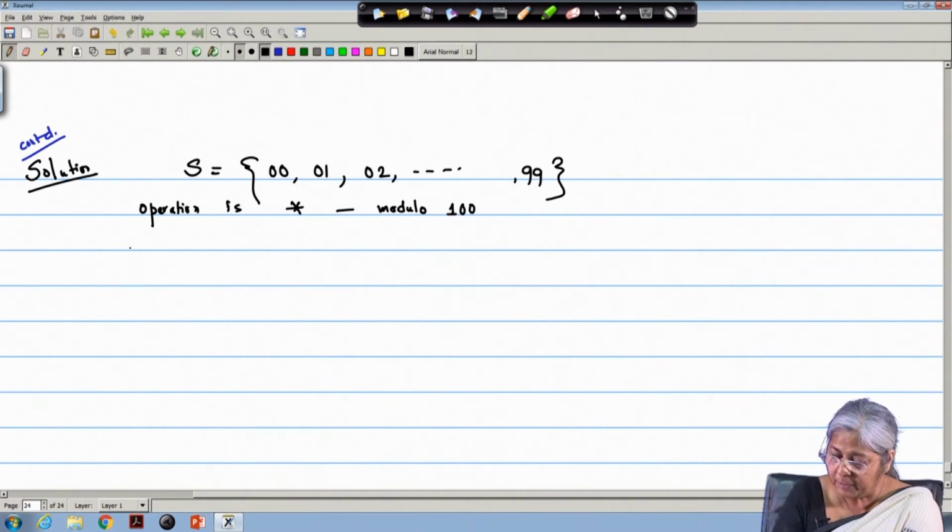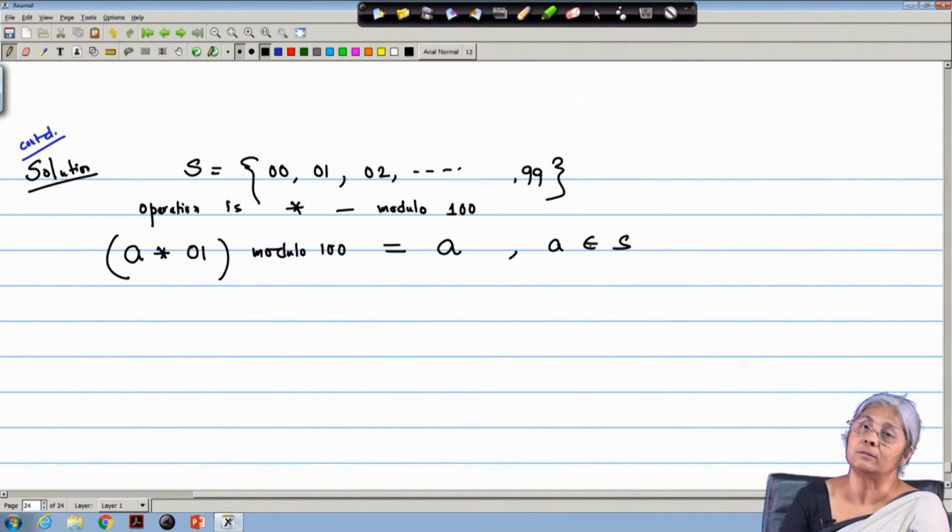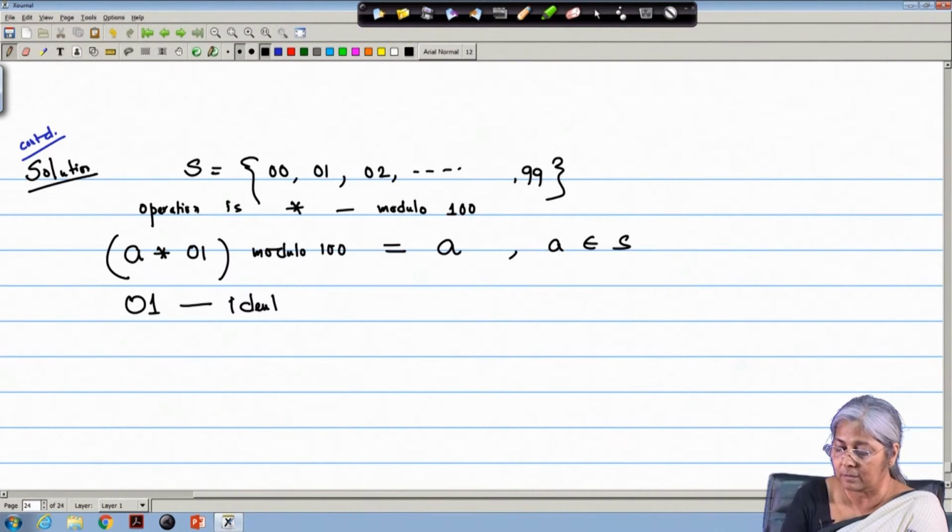If I take a 2-digit number, multiply with 01 and divide by 100, take the remainder, that means modulo 100, we get A only. Since A star 01 is A, and A belongs to S, 01 is my identity element.